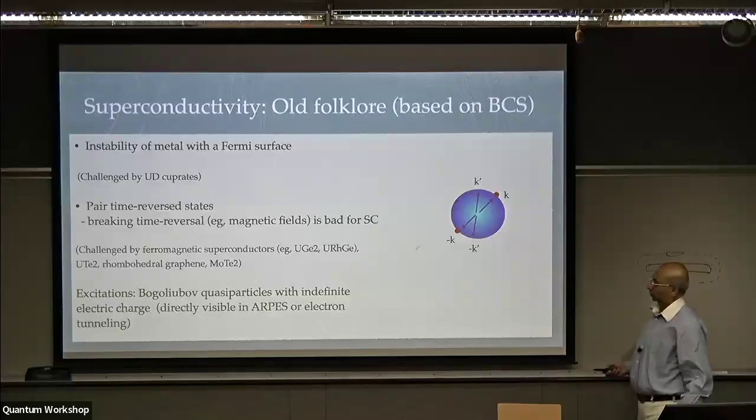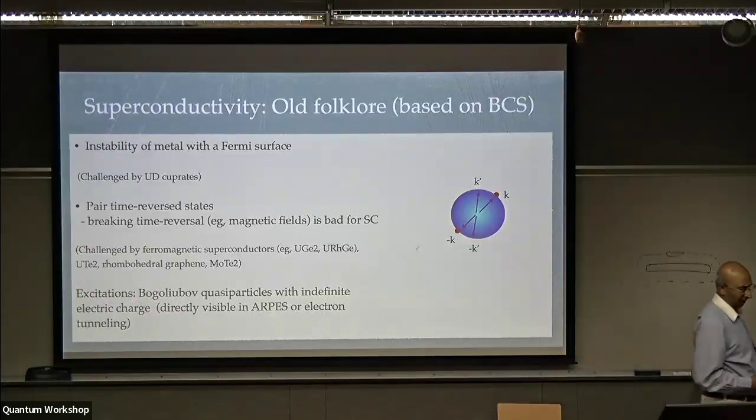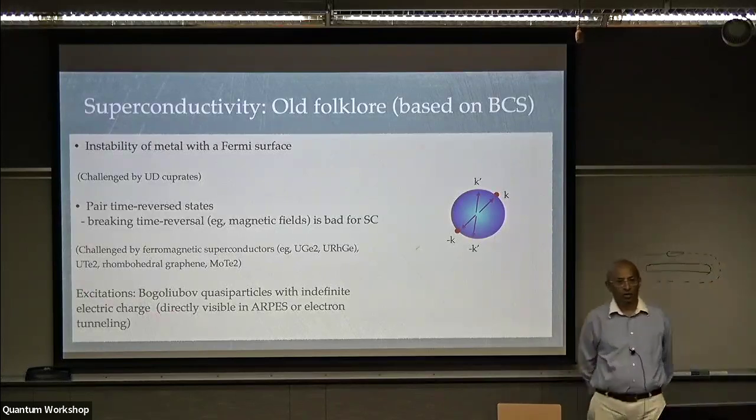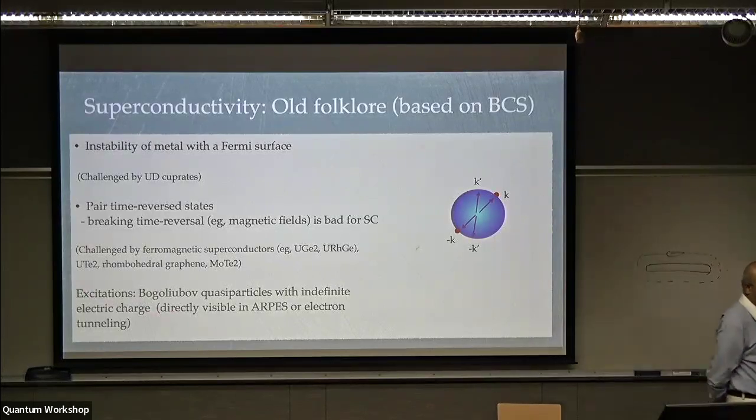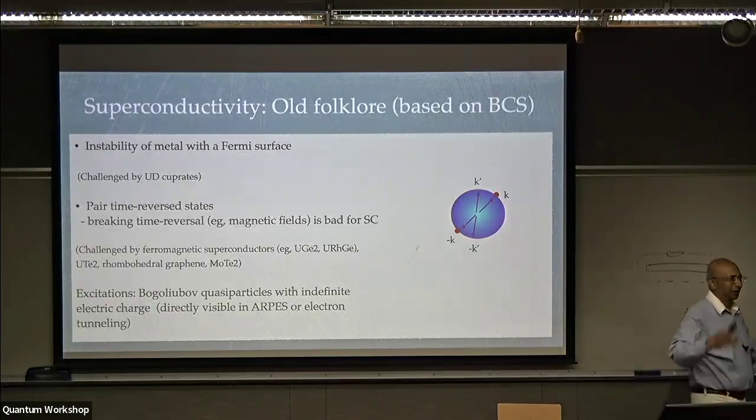Right? But it's also challenged by the material uranium tellurium 2, where people see superconductivity with a very low Tc of order a Kelvin, which somehow survives, disappears, and then reappears above 40 Tesla and survives up to 60 Tesla. Really bizarre.